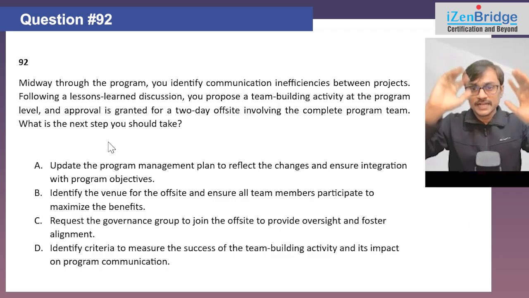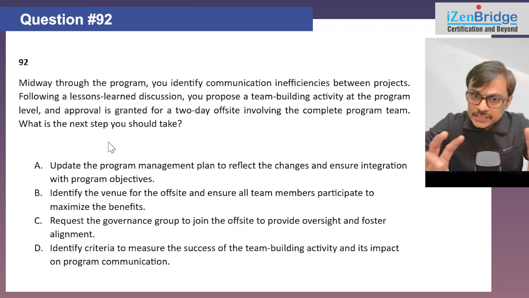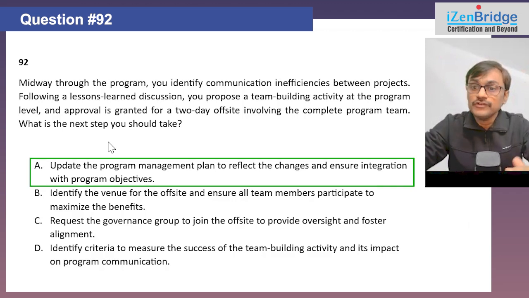That, I can assume, has been approved. Now my focus is, whenever the lesson learned corrective or preventive action has been approved, my next thing for a PgMP exam is integrating that change into a program management plan. So if we just remember that, we can find option A with ease.